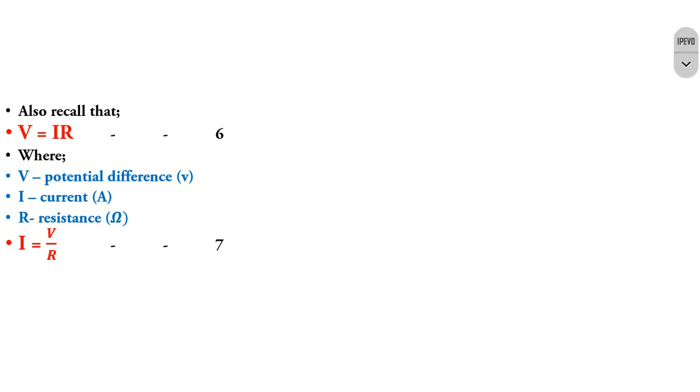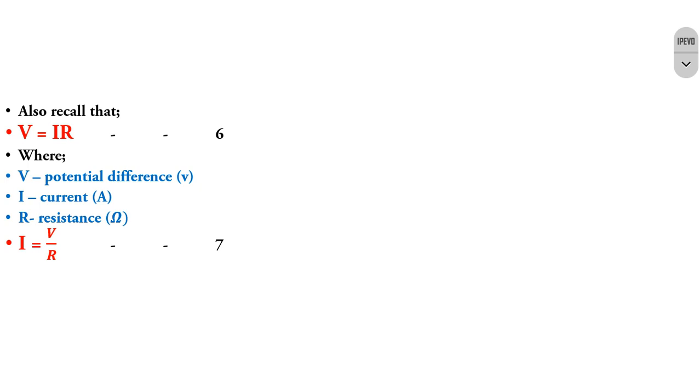If we are to make I the subject of that expression, then we have that I equals V over R. So please, if you don't understand how we got equation 7, you can go back to your mathematics change of subject formula. That will really help you to gain mastery of what we are trying to say.